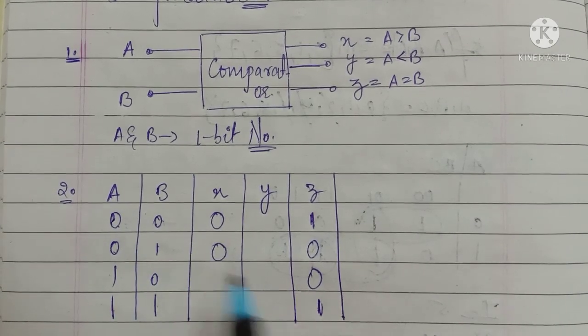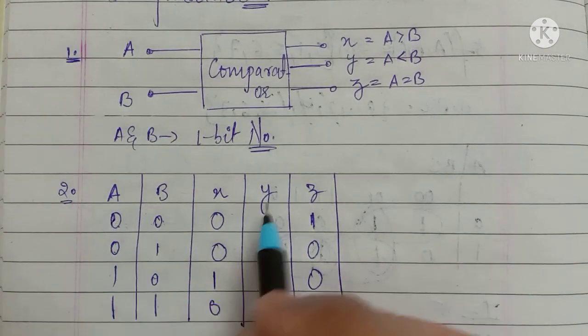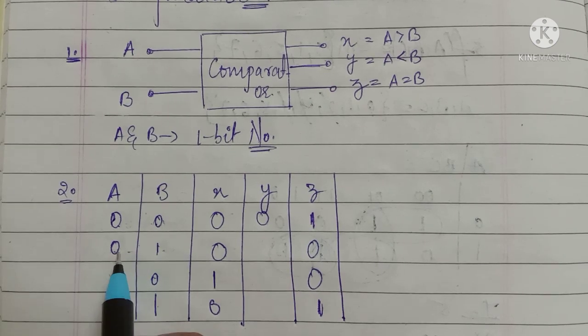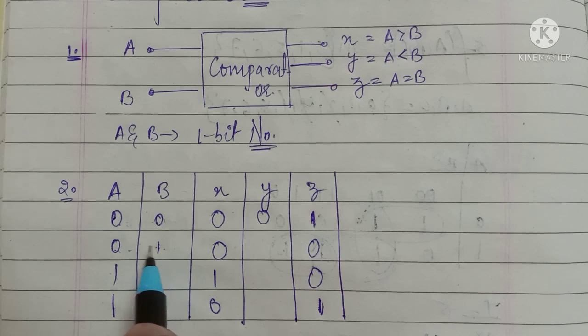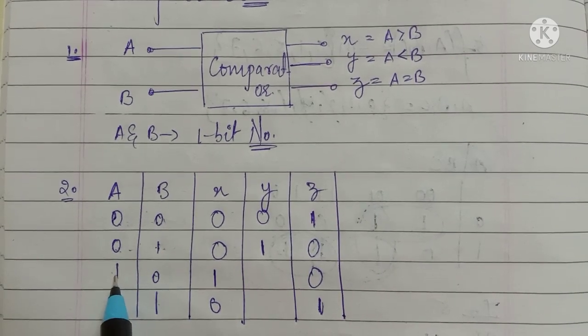No. Is 1 greater than 0? Yes. For Y, the B term must be greater than A, so here it will be 1, where 1 is greater than 0.